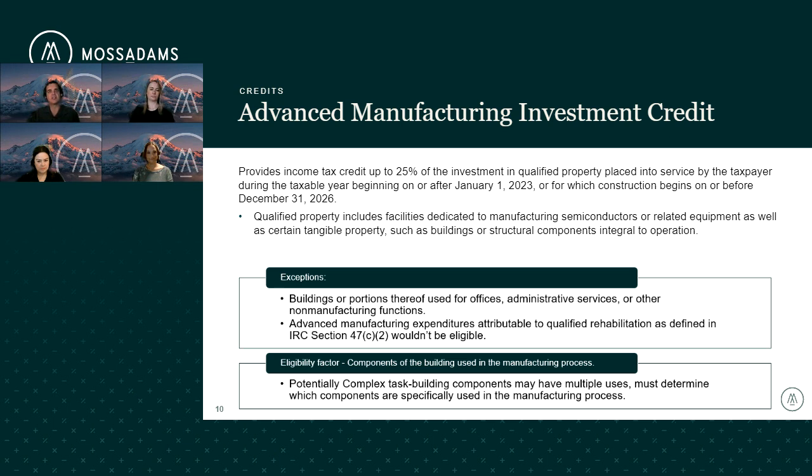There are some limits on it, overlapping with other credits. Identifying whether it's integral to the operation, the other tangible property, is somewhat complex, so it does require quite a bit of analysis. I think Intel's investment in qualified property, they were figuring, was going to be about $100 billion, so potentially very lucrative for major investments.